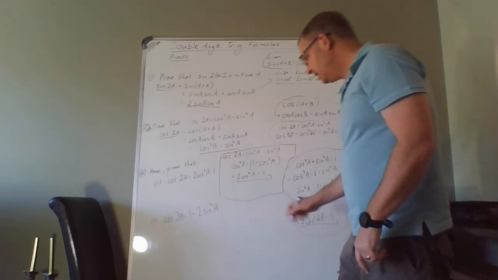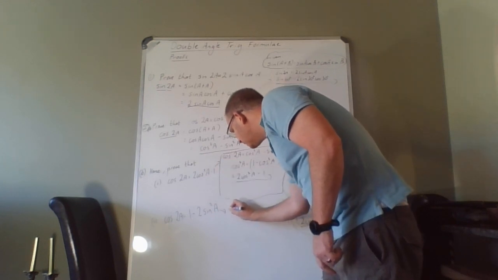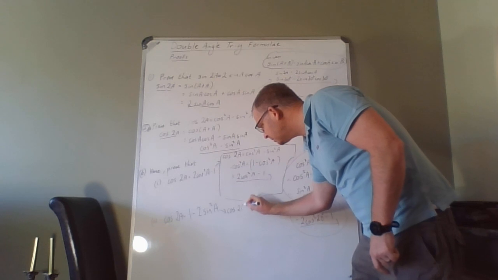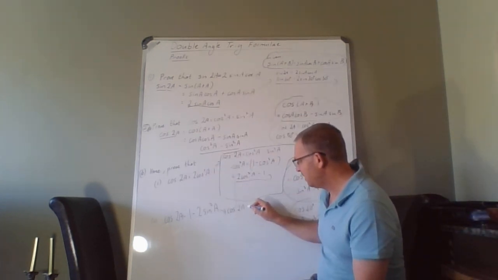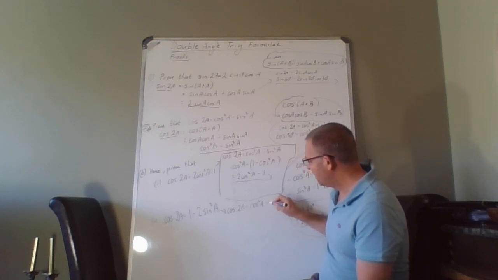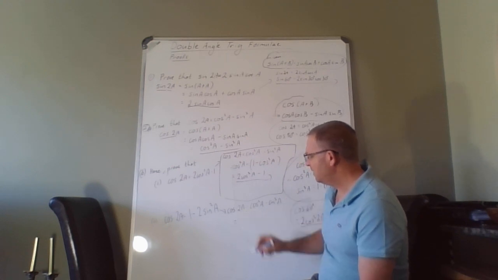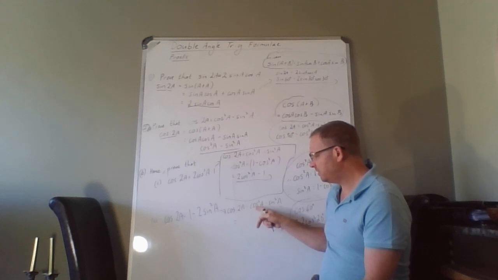Okay, so for this proof, we want to start off again with the fact that we know that cos 2a is equal to cos squared a minus sine squared a. But now I want to show it's equal to that. So I don't want a cos squared a in it.